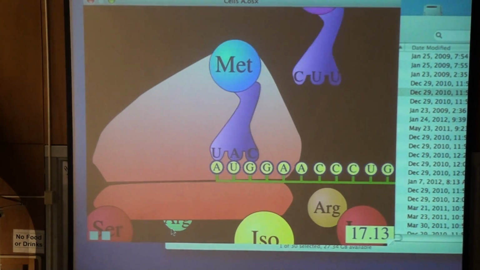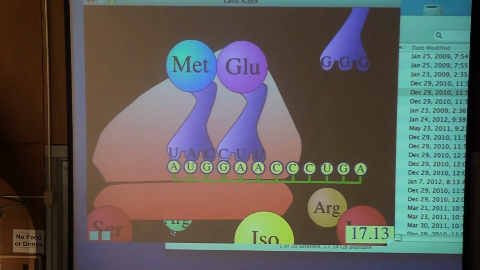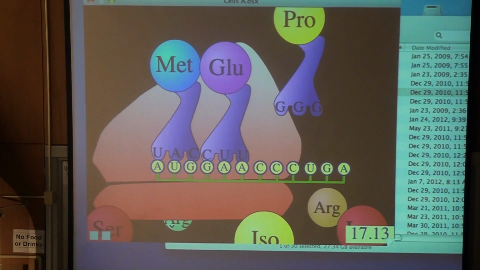Let's see, there they are. But notice the part here that what allows each amino acid to be brought in the proper sequence is the anticodon on the tRNA matching up with the codon on the messenger RNA. So that forces the first amino acid to be methionine, and the next amino acid to be glutamine, and the next amino acid to be proline.